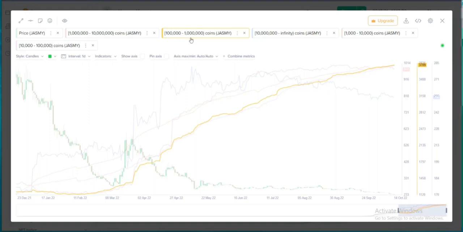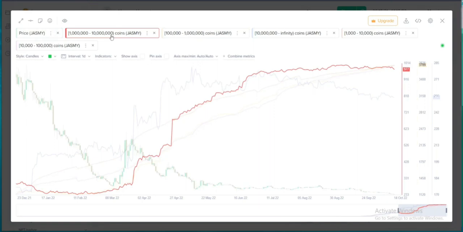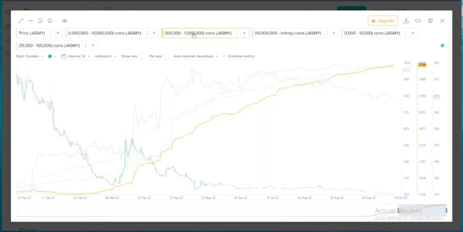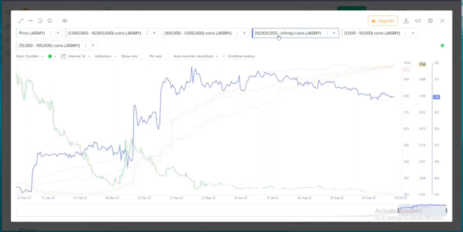You can see that the number of addresses has been increasing, right? Meaning that these people have been accumulating Jasmy as the price has been going down. Really nice to see. These ones own at least 10 million Jasmy tokens. But this is the group that is giving problems really, because this is the group that has been selling, and it's looking like the price is more sensitive to this kind of group because maybe they have more Jasmy than everyone else, right?